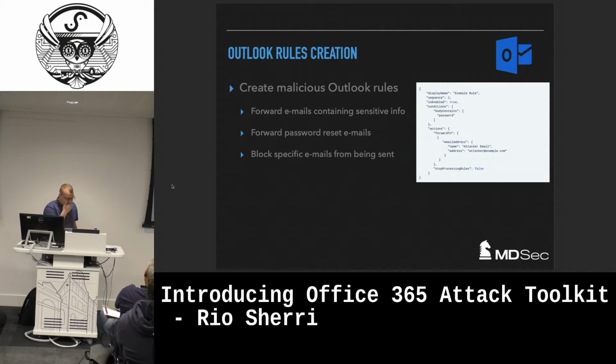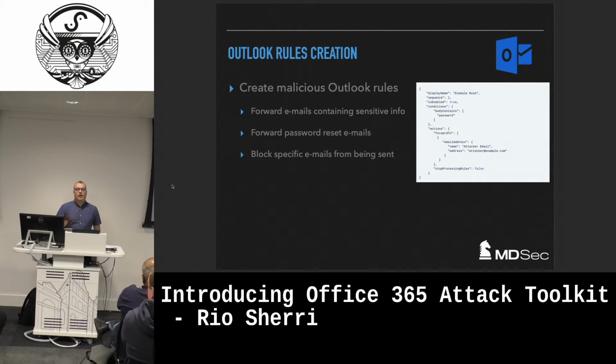The other one, and this is quite interesting, is the creation of malicious Outlook rules. As you may know, Outlook has a rule engine which allows you to perform actions when a specific event happens. And this is really useful for us as attackers, because we can come up with really good, creative ideas. For example, you can create a rule on Outlook that will forward all emails containing sensitive information to an attacker-controlled email address.